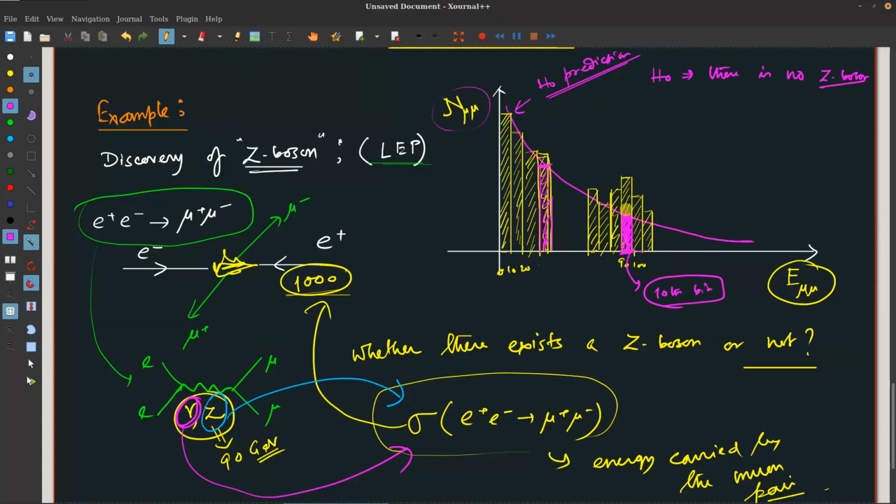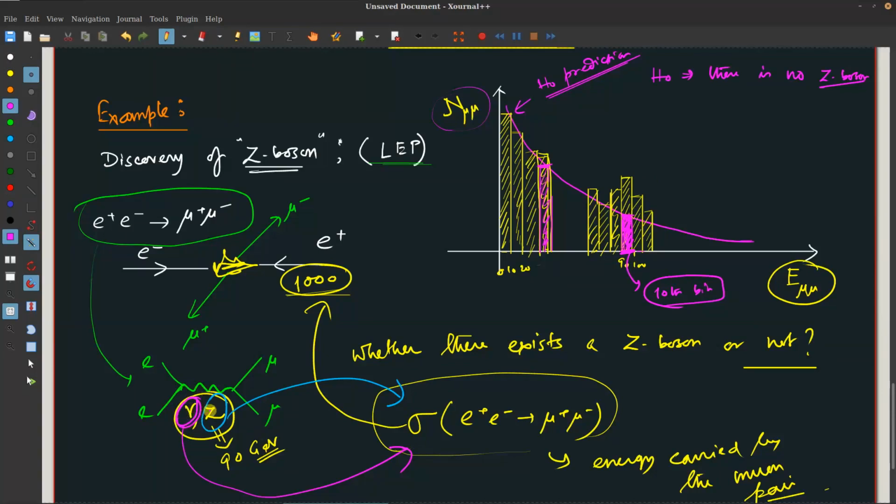And you observe this yellow thing. All right. So you now suspect that at least in this bin there is something happening that cannot be explained by just photon only, okay? By just photon only.